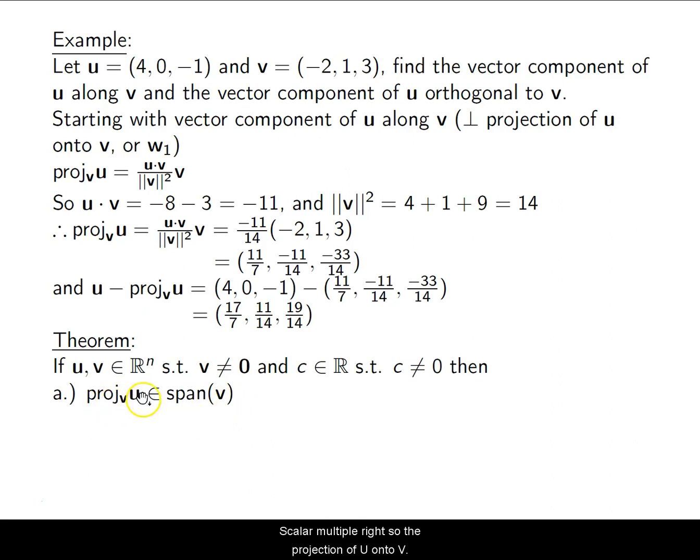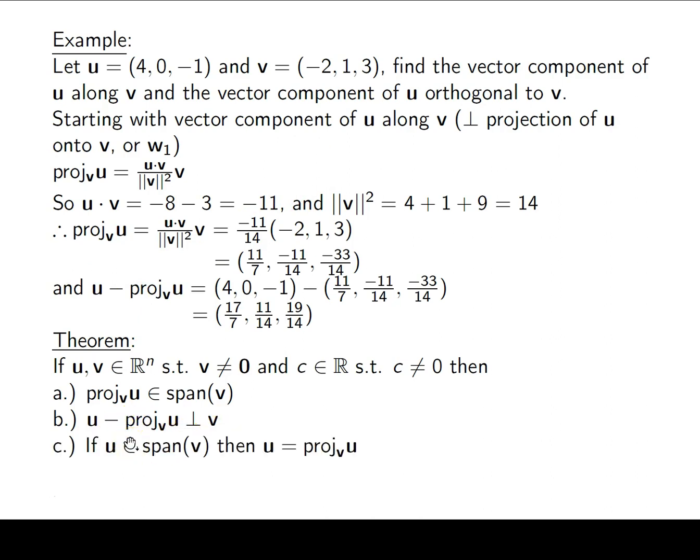So the projection of U onto V is in the span of V, which makes sense because they are parallel, right? They run parallel with each other. They are the same thing, just one is more stretched or condensed than the other. So this is in the span of that V vector, okay? B is that this W2 vector is proportional to V, but we already know that. That's the way that it was designed, right? This is the vector component of U orthogonal to V anyways. So that's a given, okay?